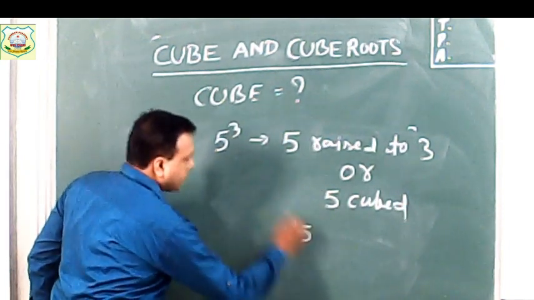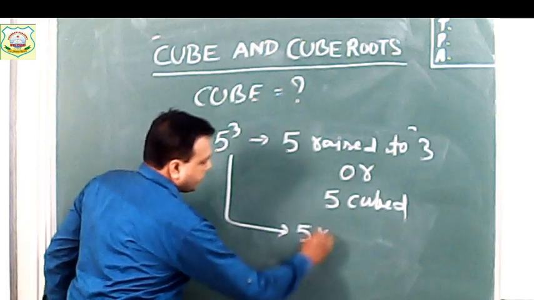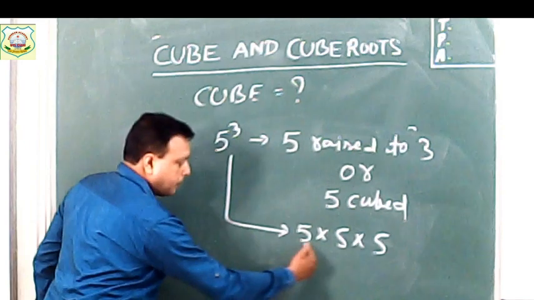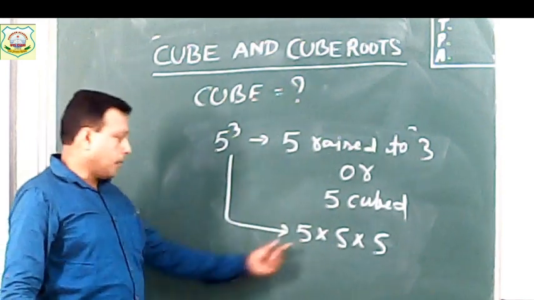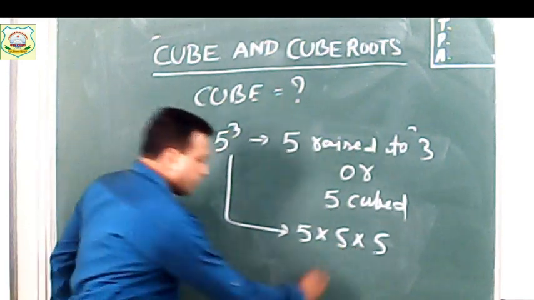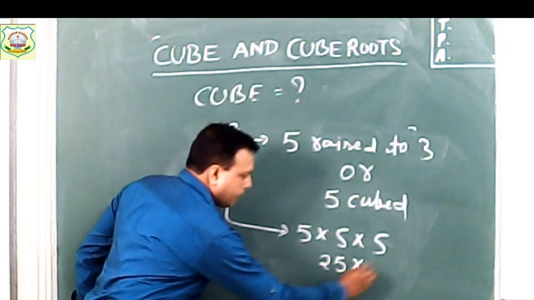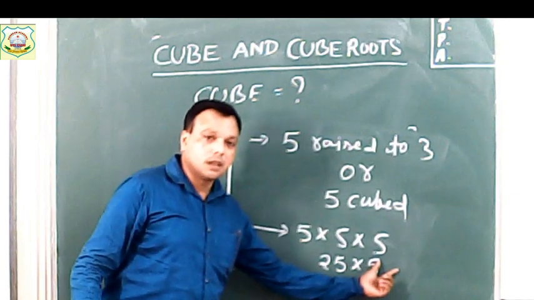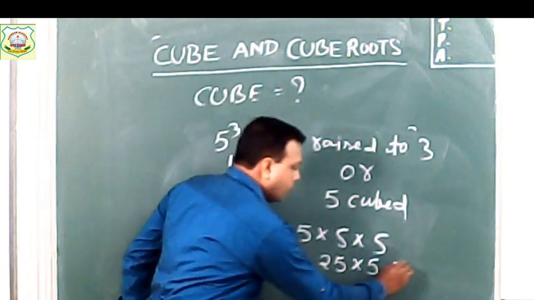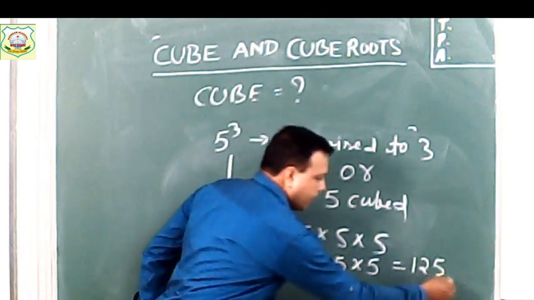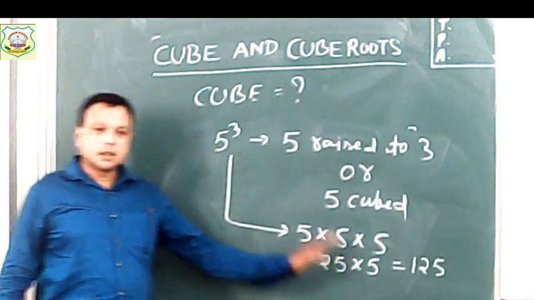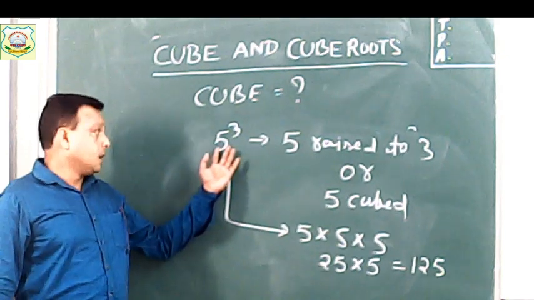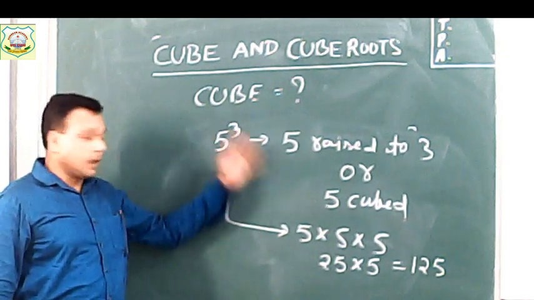Simplify: 5 multiply 5 multiply 5. 5 into 5, that is what? 5 fives are 25. Then multiply by 5. 25 multiply 5 is what answer? 125. The issue is clear. I think we have already discussed the cube portion, but now we are revising again.